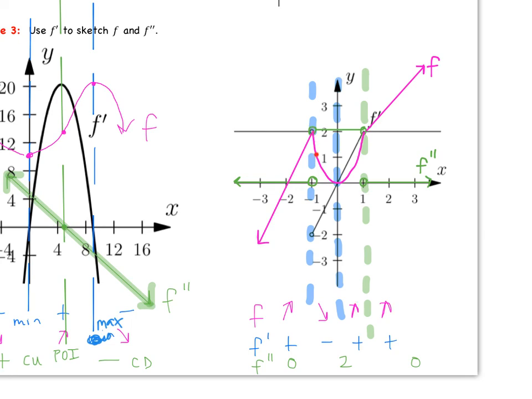If we take a look, we are decreasing and then we're increasing. We also know f double prime is positive, so we're concave up here. And then f prime is positive again, so f is going to be increasing along this interval.